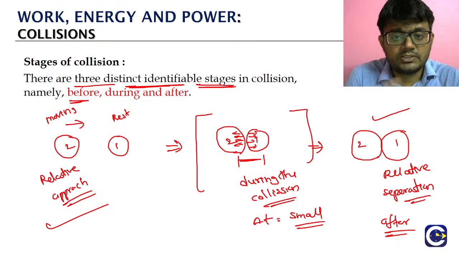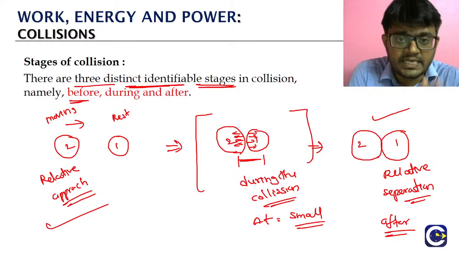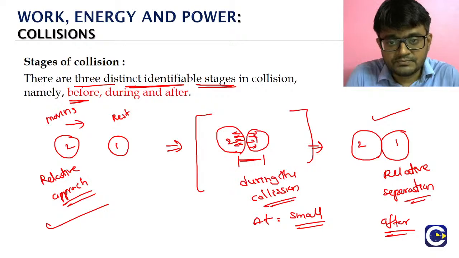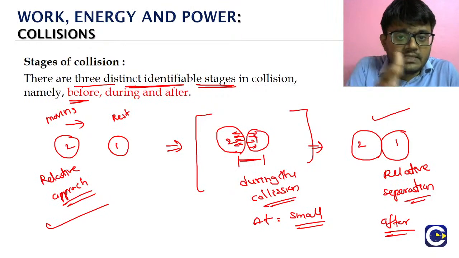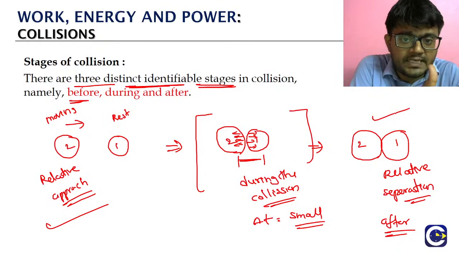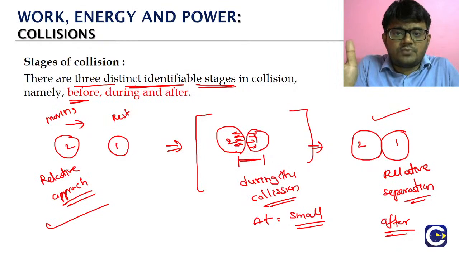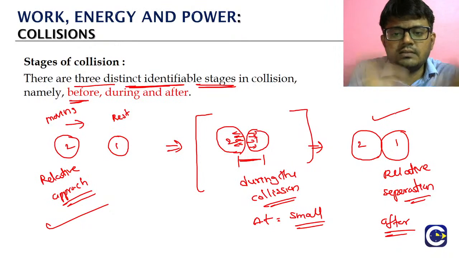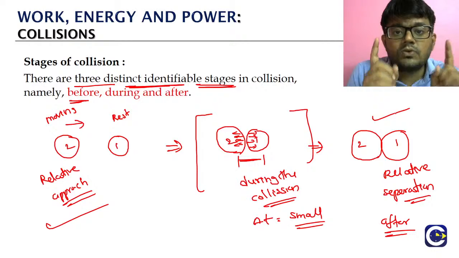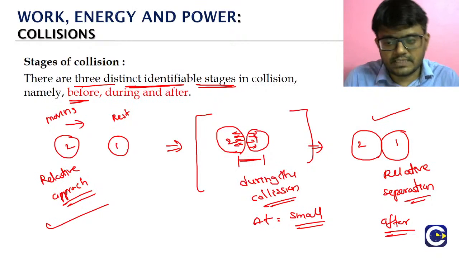Some energy will be lost, because when you create a permanent deformation, there is energy lost in creating the deformation. If it is able to come back to the original shape, like a spring that was compressed and comes back, then we are able to get all the energy back. That is how we will see what happens to the energies of the particles.